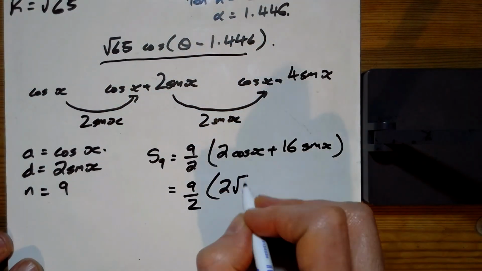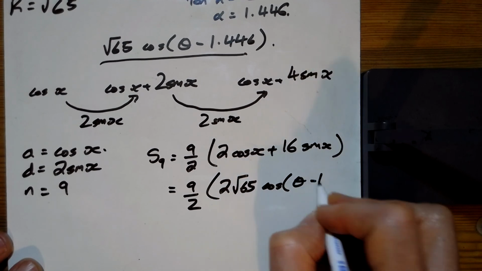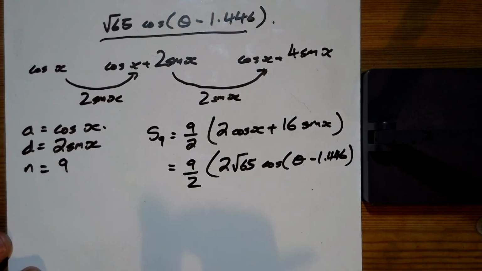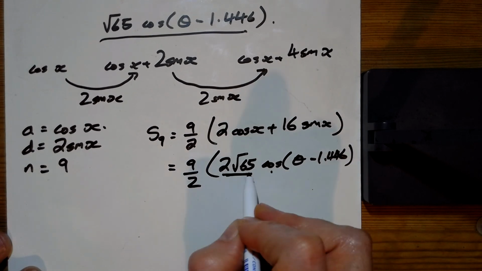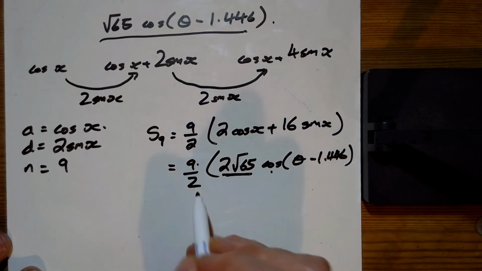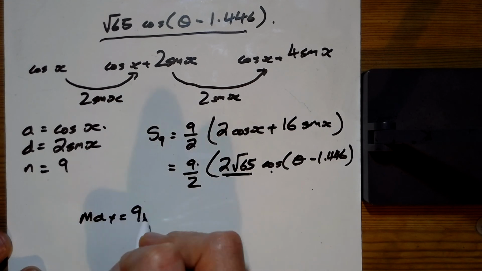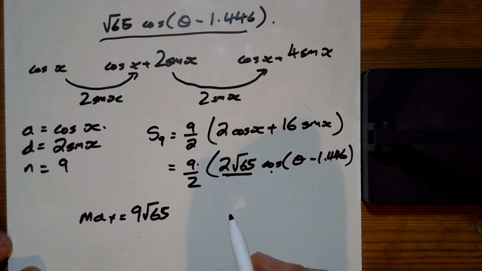We've got 2 lots of root 65 cos(theta minus 1.446). So the maximum that this cos could ever be is 2 root 65. Times that by 9 over 2. It tells me that the maximum that could be is 9 root 65. The 2s are cancelling out there.